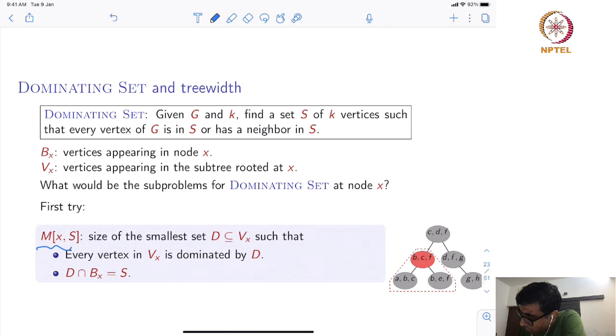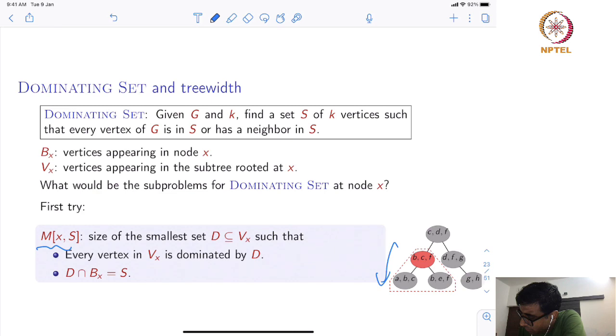What we want is to find a D subset of Vx so that every vertex in Vx is dominated by D and D intersection Bx is equal to S. So I decide which vertices from this bag are going to be in the dominating set. I say, look, is there an extension, like what is a minimum size dominating set extending this S, and that dominates everything in Vx.